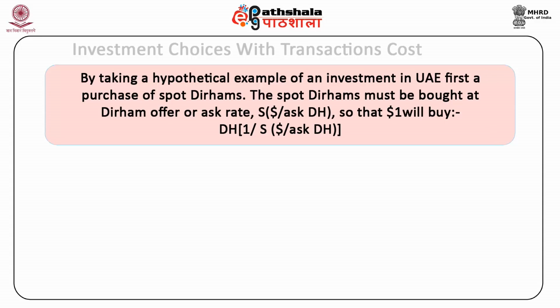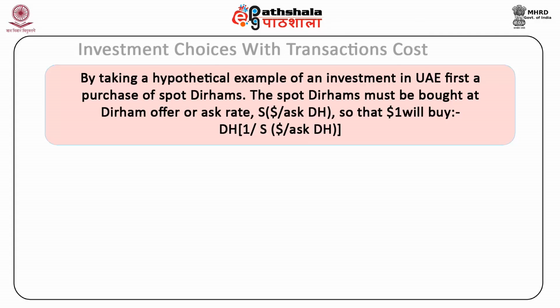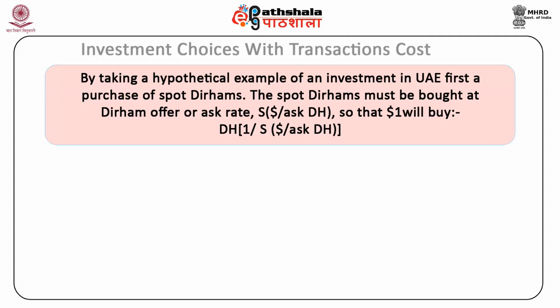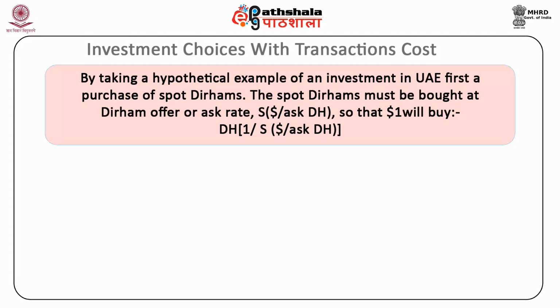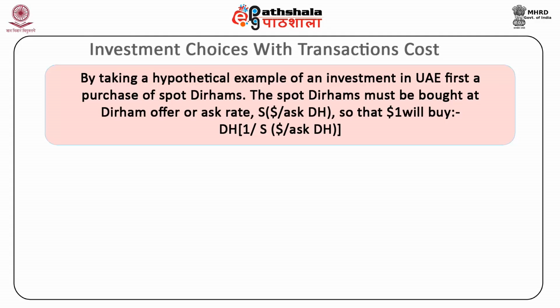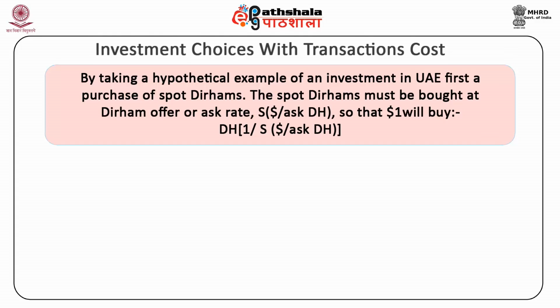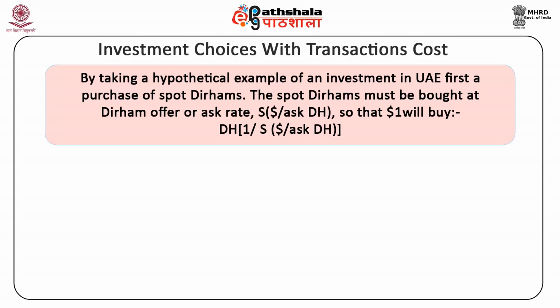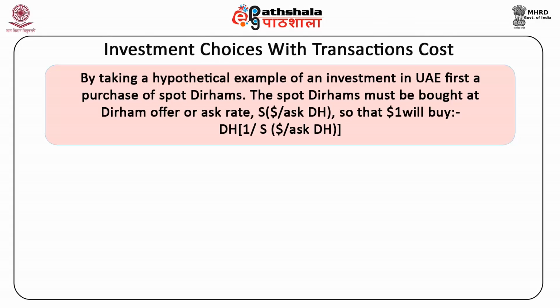By taking a hypothetical example of an investment in UAE, first is a purchase of spot dirhams. The spot dirhams must be bought at the dirham offer or ask rate: 1 divided by the spot dollar per ask rate of dirham, so that $1 will buy that many dirhams.